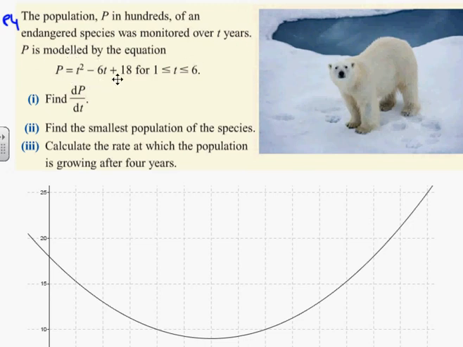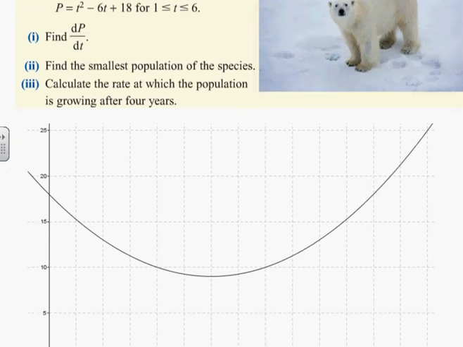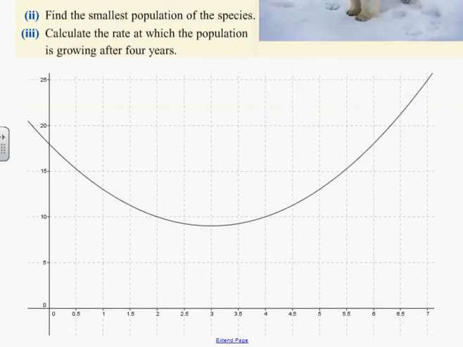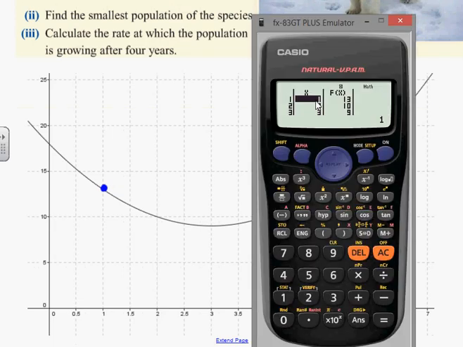What 1 to 6 means is this. If you go up to 1, that's where it starts. If I look at my calculator, at t equals 1, there's 13. Remember, it's in hundreds, so that means 1,300 polar bears in the wild. Then you go down to 2. After 2 years, there's 1,000 polar bears because it's 10 times 100.